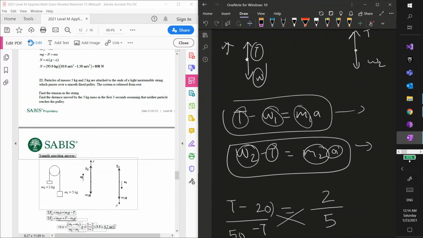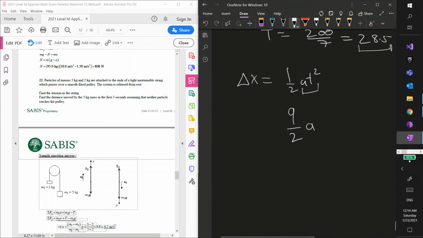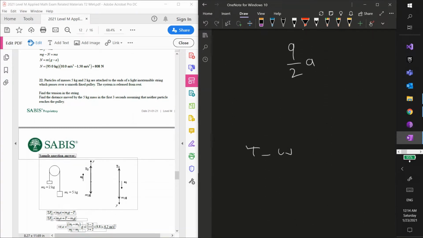So let's use the first one for the sake of it being the first one. So tension minus W1 equals m1a. We said that the tension is 200 over 7, that W1 is 20, and that m1 is 2, so we can solve for a. Let's use a calculator. a is equal to 30 over 7.